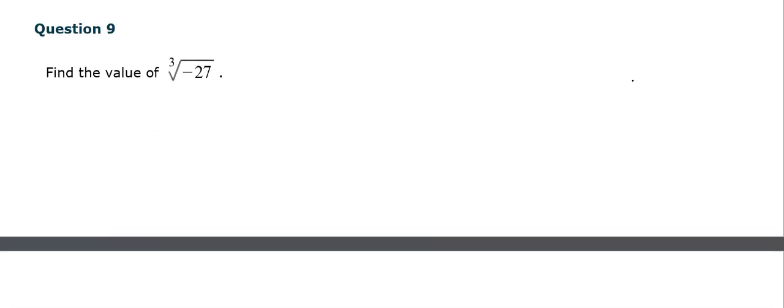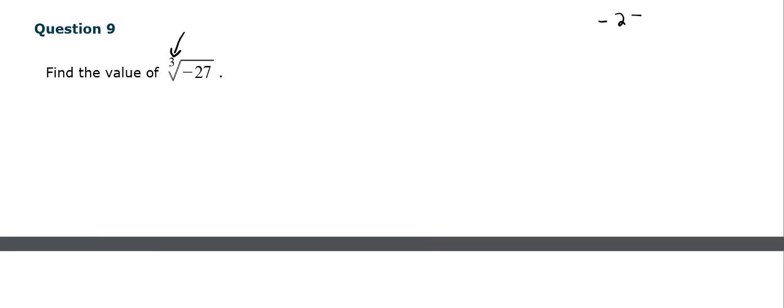Next, we're asked to find the value of the cube root of negative 27. So since our index, which is this value here, which is our root, is odd, we can have a negative underneath the radical sign. So what we're going to do is break down negative 27.